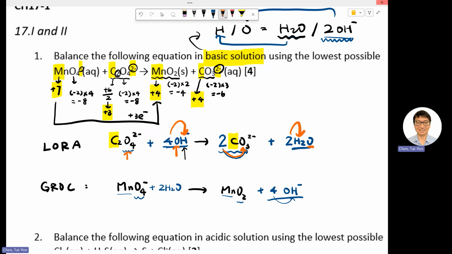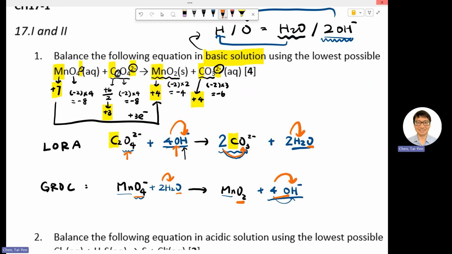Okay. So by doing that, you can see that right now you have 4 oxygen plus 2, so you have 6 oxygen on the left. On your product side, you have 2 plus 4, which is also 6. Checking the H, you have 4 here, and you also have 4 here.